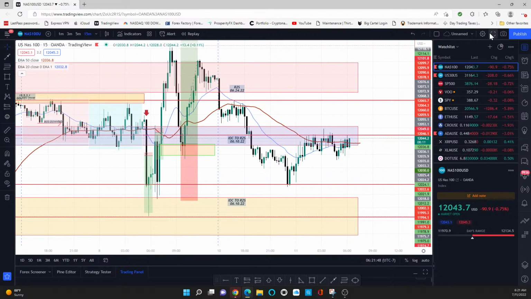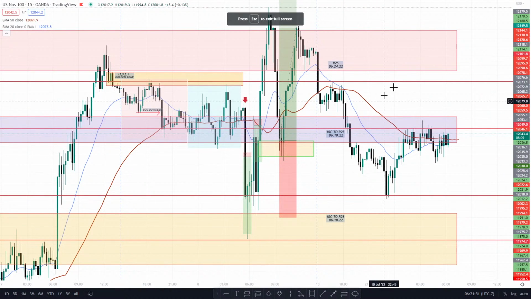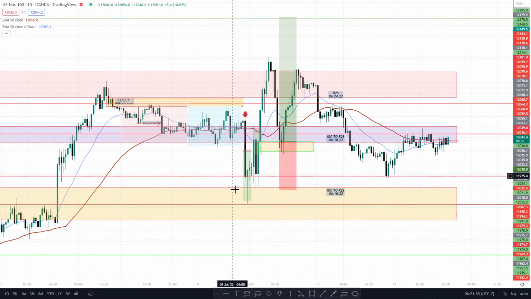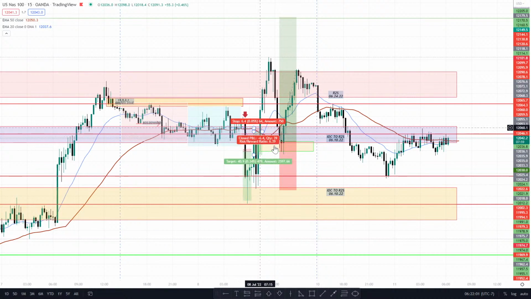This is a 15-minute chart, and let's keep it simple from last week. Price broke down, I was able to catch a little bit of this trade. I could have made a lot more if I held my position.